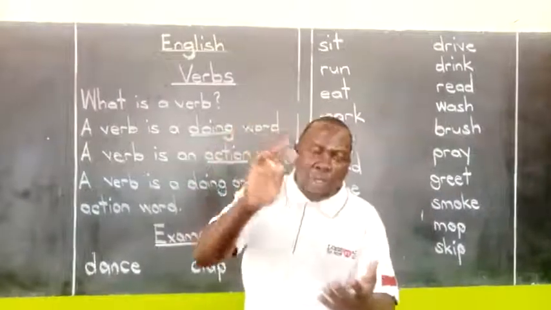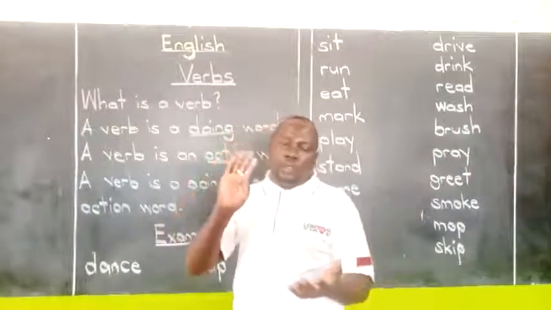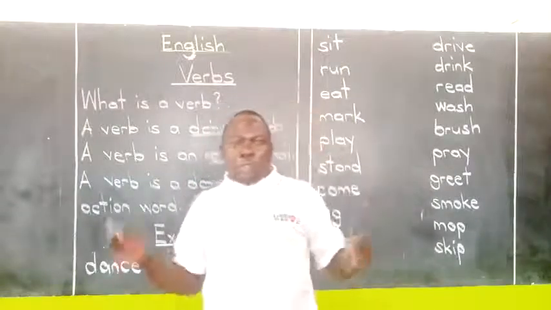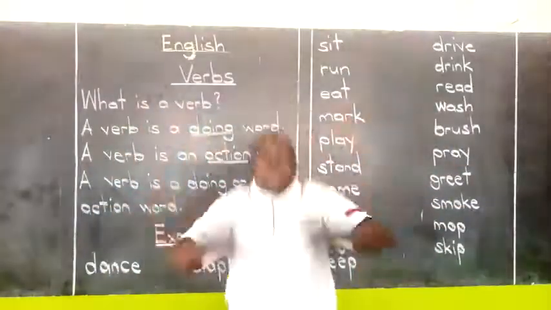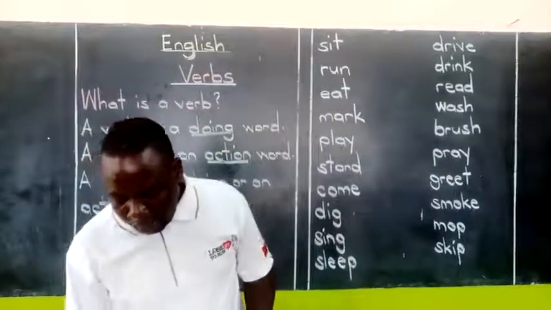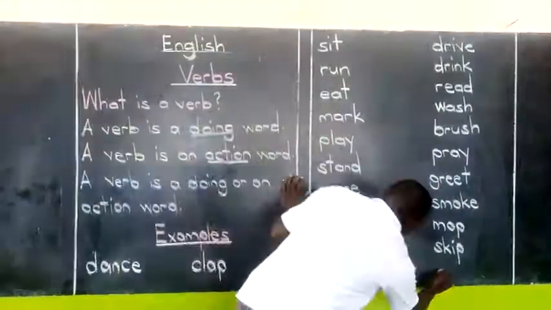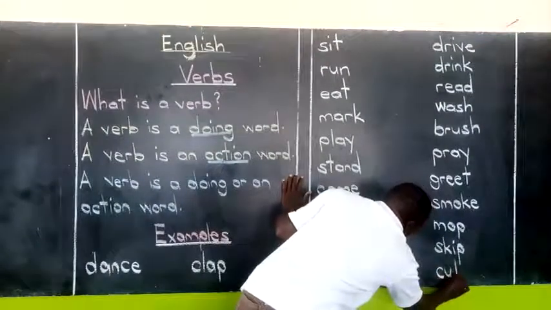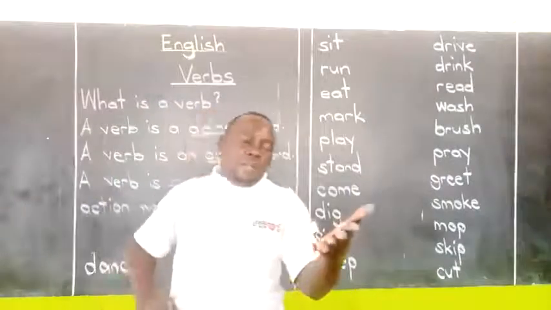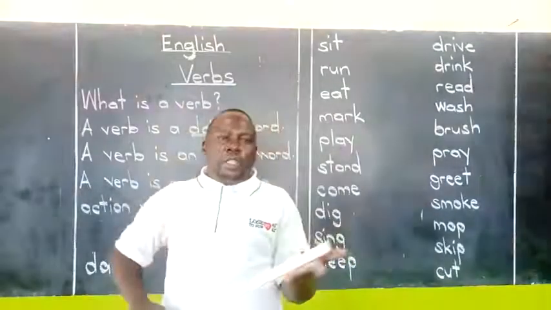You cannot say a verb and you don't make the action. So, skip, that is skipping a rope. Lastly, we have cut. So, a knife or a panga, cut.